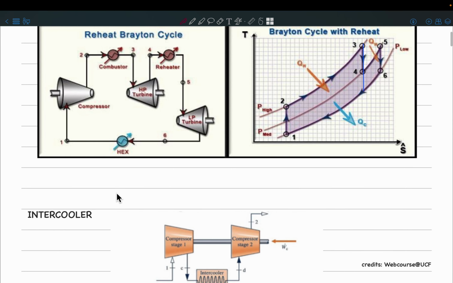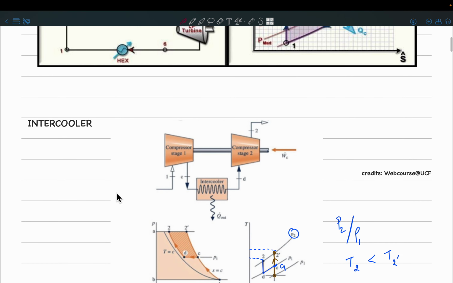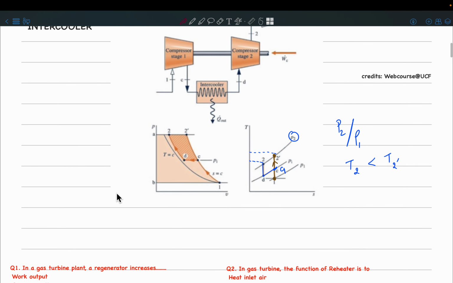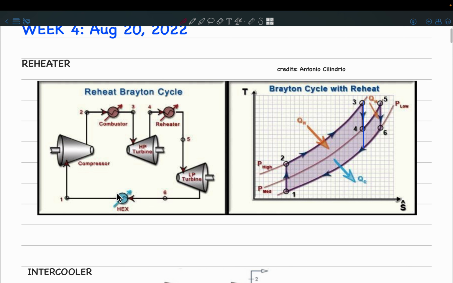But anyways, let me answer it in short here. So when you add a reheater, where do you add it? It is between a high pressure turbine and a low pressure turbine, right? The idea is always, if you expand a very high temperature gas and a high pressure gas, then you expect to get more work from that, because at high temperature it has more energy and you will be able to extract more kinetic energy from that gas.